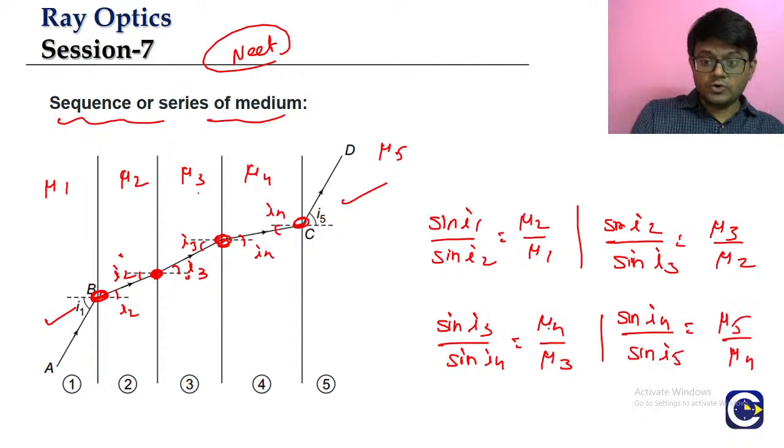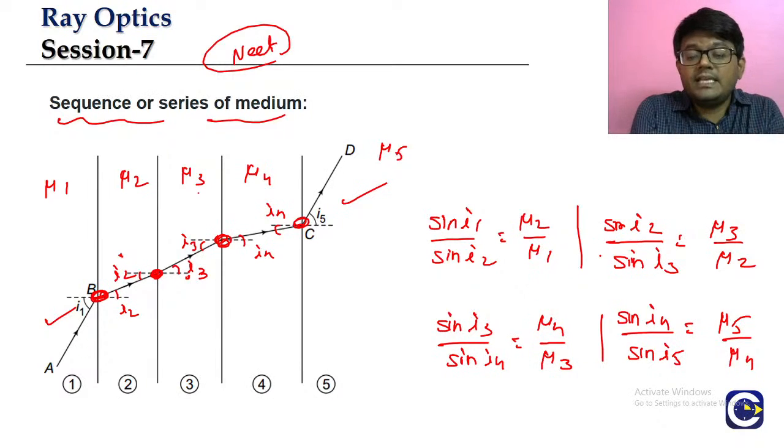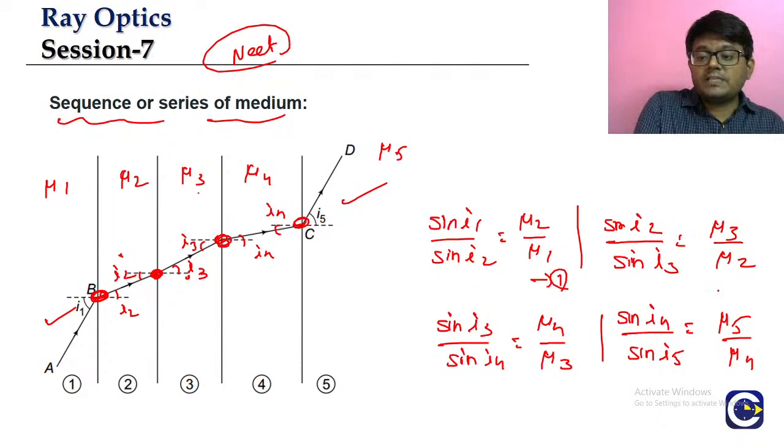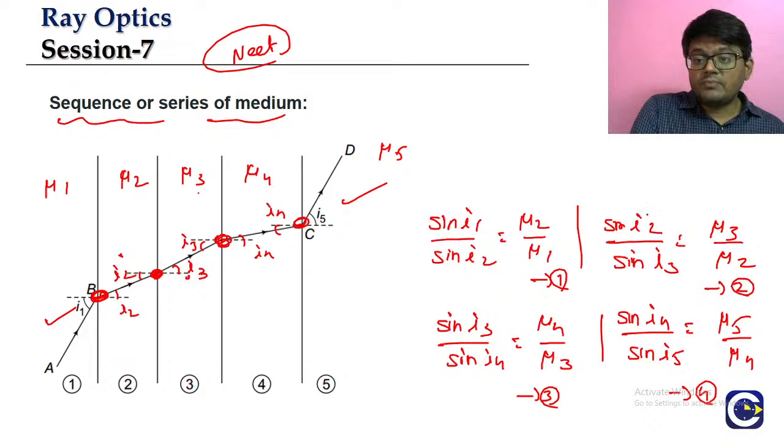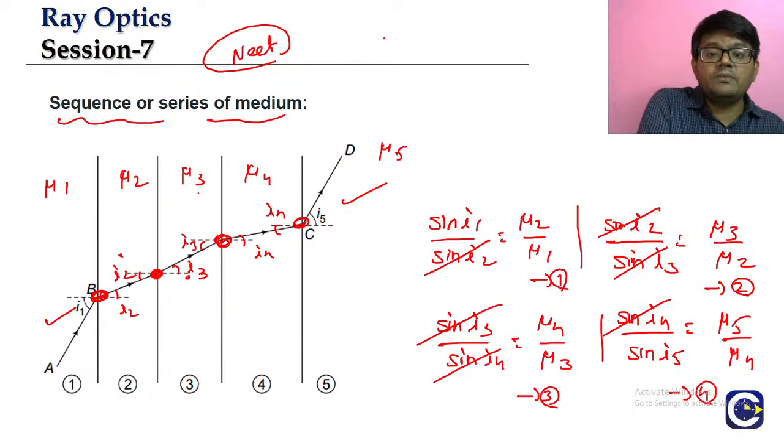mu5 by mu4. Now multiply all these four expressions. On the left hand side we multiply, and similarly on the right hand side. Look at this. Sin I2 will be cancelled. Sin I3 in the denominator and sin I3 in the numerator cancel. Sin I4 in the denominator and sin I4 in the numerator cancel. So the left hand side will simply be sin I1 by sin I5.